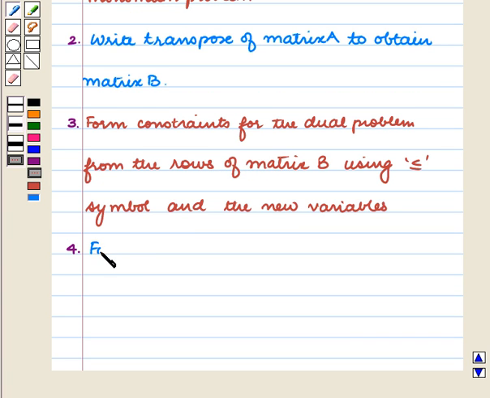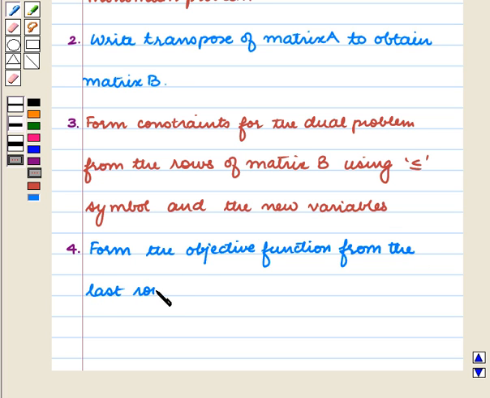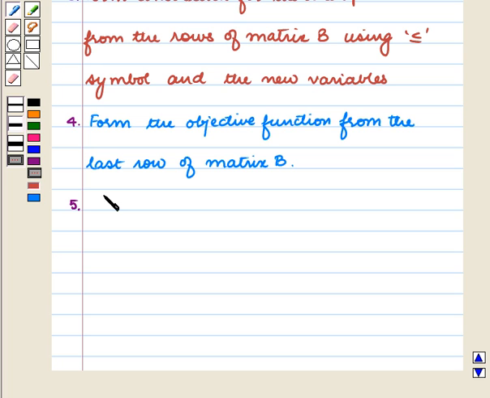Fourth is to form the objective function from the last row of matrix B. And lastly, the objective function is to be maximized.